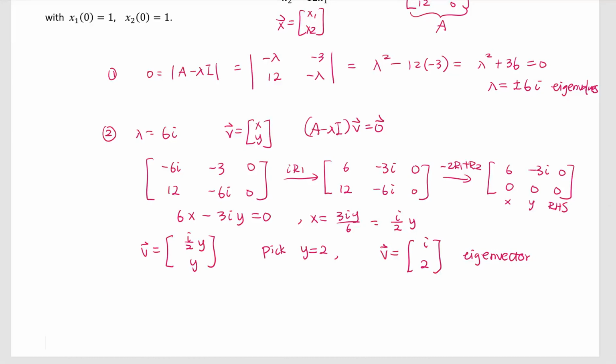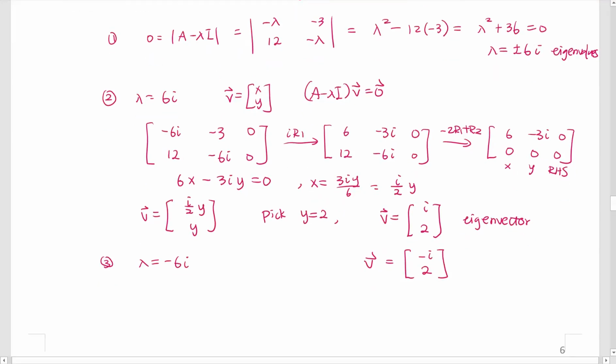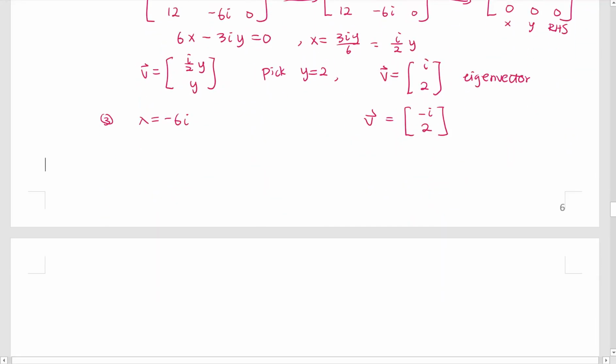Okay, so then we know for the second eigenvalue, we will get the eigenvector is the complex conjugate of the other one. So complex conjugate means imaginary parts flip the sign. Real parts stay the same. Okay, so we know x. Do we have enough space? Okay, yes.